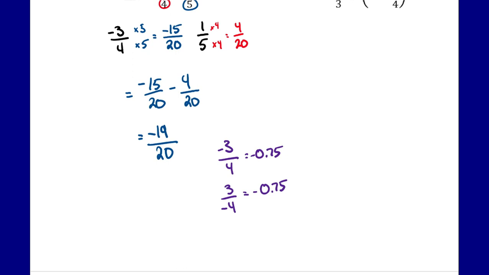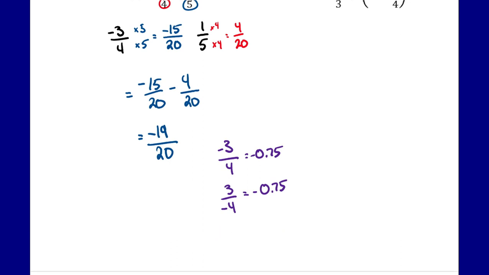However, because the negative is out front, in the middle, that means that my overall fraction is negative. So if I was to add a negative to both the top and the bottom, I would actually get positive 0.75, which is not a negative number. But the negative out front indicates that we do have a negative number. So that means that I cannot do this where I have both a negative on the numerator and the denominator.